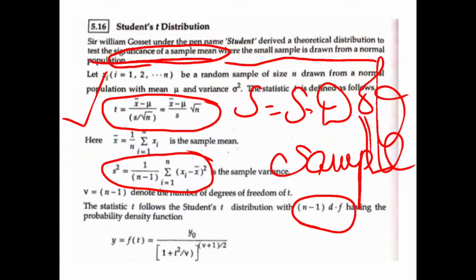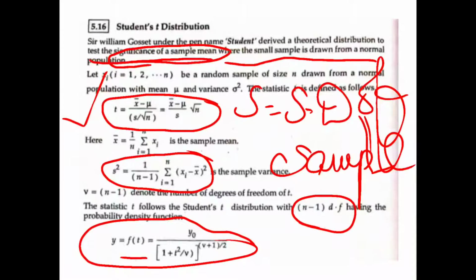And if you want to get student's t distribution, then this is the probability density function given by y is equal to f of t, which is y naught divided by 1 plus t square by nu, whole raised to nu plus 1 by 2. What is t here? Here t is nothing but this test statistic value, and nu is the degrees of freedom.